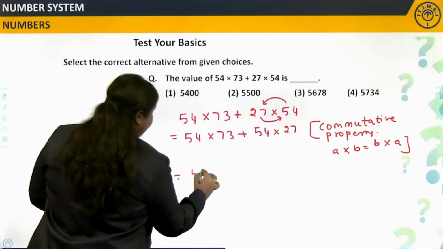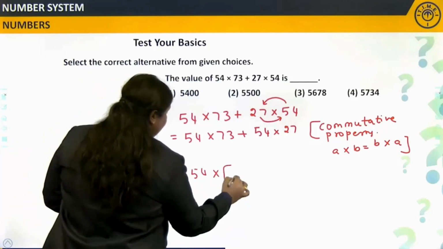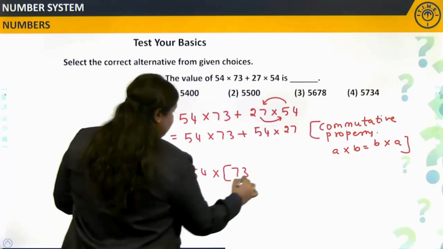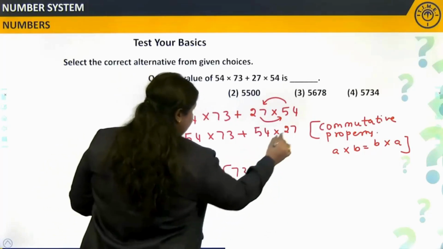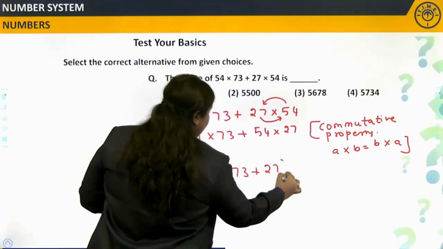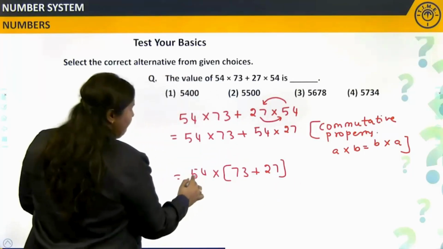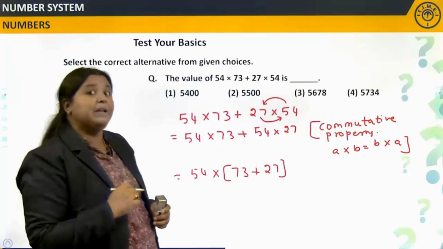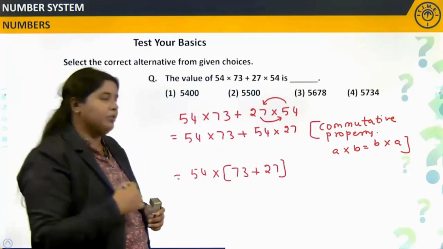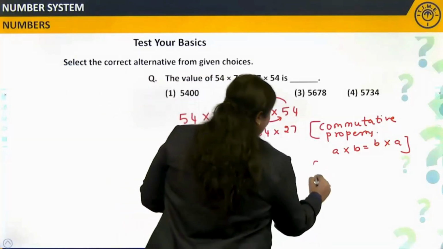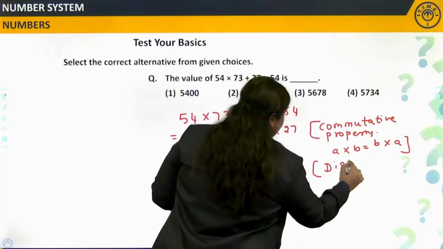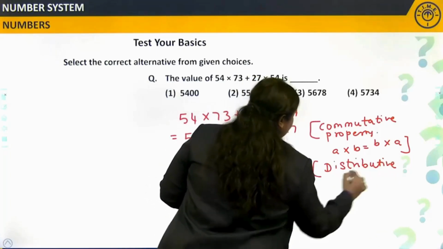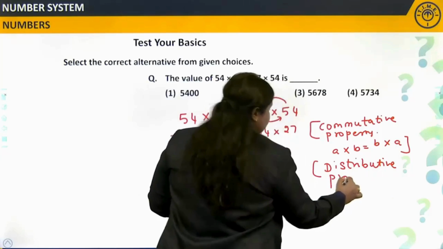Now, if I pull 54 outside, what do you have inside? 54 into 73 plus, because we have plus here, and then 54 multiplied with 27, right? 54 into 73 plus 54 into 27. What property is that? Distributive property. Yes. So, we are using the distributive property here. What does the property say?